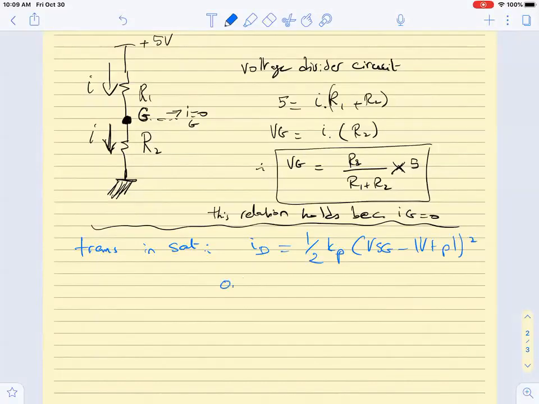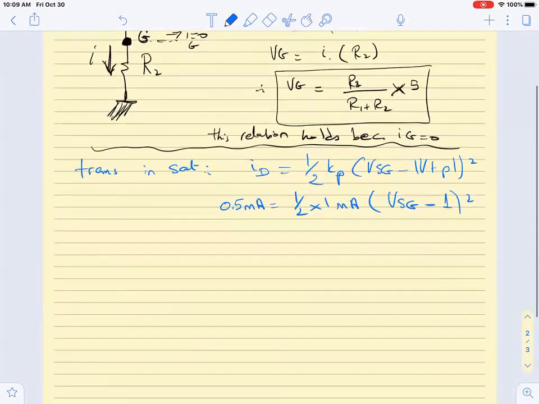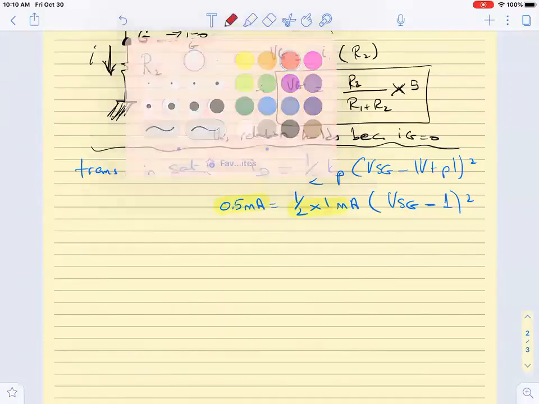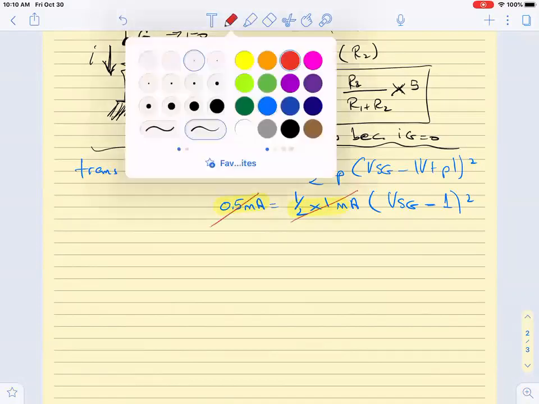I know that this is 0.5 milliamps, I know that this is 1 milliamp, and this is VSG, which I'm trying to solve for, and VTP in absolute value is 1. So the half and the half cancel from both sides, this and this will cancel out.